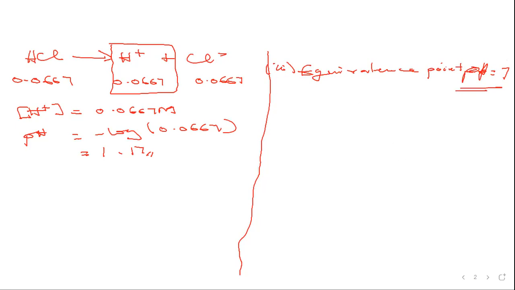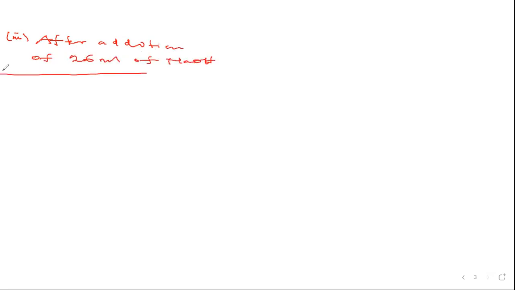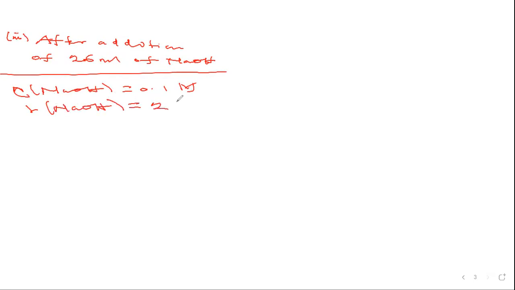So let's shift our attention to when we add 26 mils. After addition of 26 mils of the base, like we did earlier, we still need to find the amount of moles that is in this 26 mils of the base. So our concentration we had was 0.1 molar. And the volume we are having now is no more 5 mils, but it is now 26 mils.